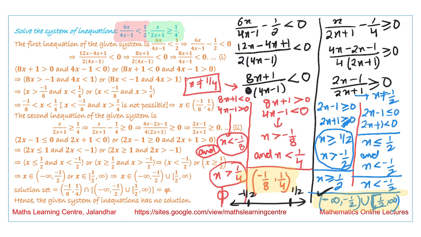This region is represented as less than minus 1 by 2 and greater than 1 by 2, and these 2 points will lie in this region. So there is no common point over here. So we are saying that this system of equations has no solution.